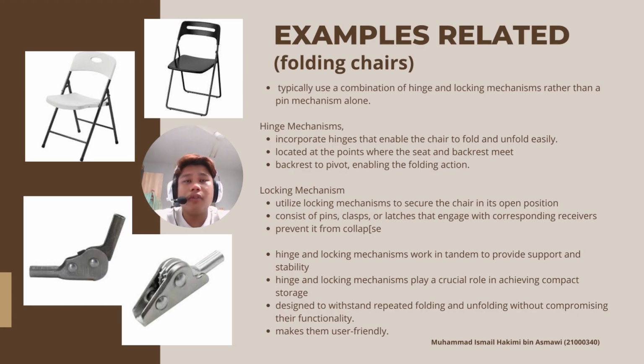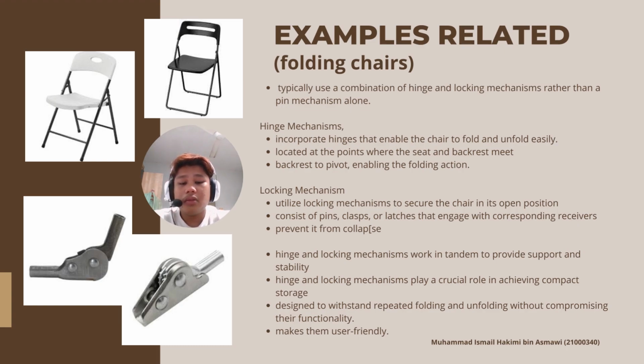Basically, it is a folding chair, which is related to the hinge or pin system supports. First, folding chairs incorporate hinges that enable the chair to fold and unfold easily. These hinges are usually located at the points where the seat and backrest meet the chair's frame. They allow the seat and backrest to pivot, enabling the folding action.